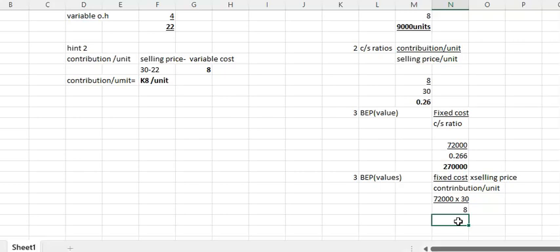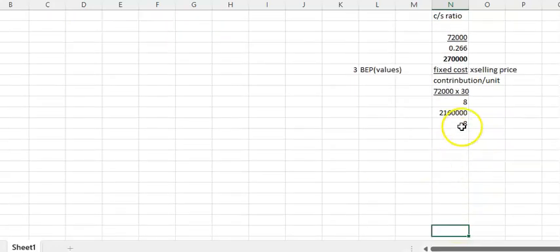We get 2,160,000. We divide by 8, which is our contribution. When we divide by 8, we get exactly the same amount, 270,000.